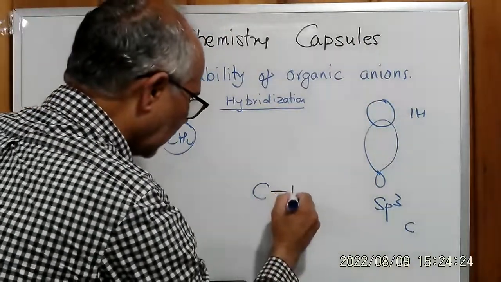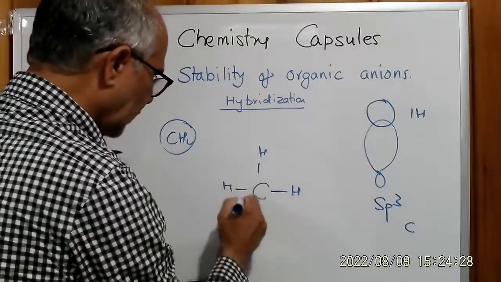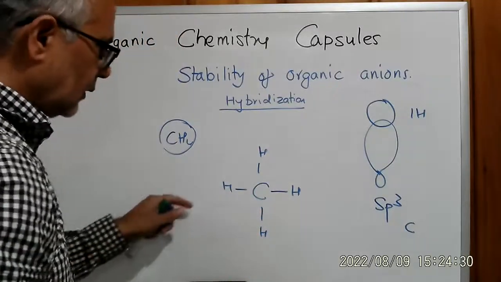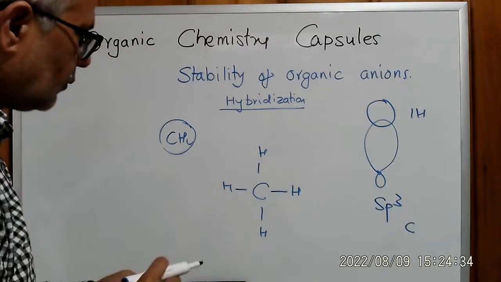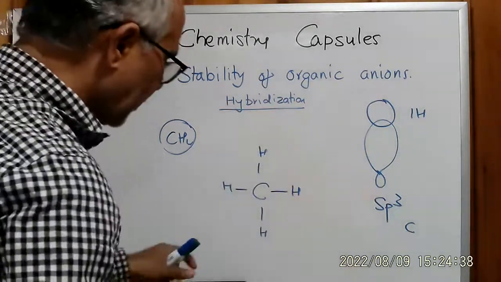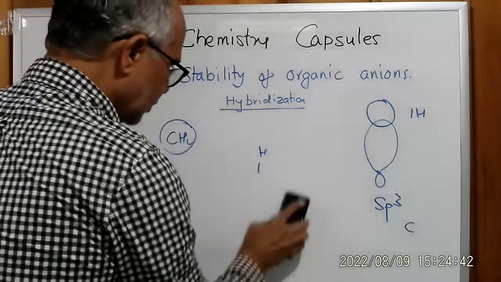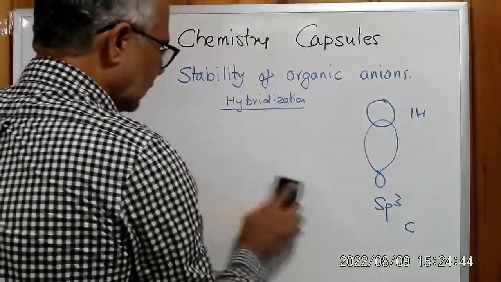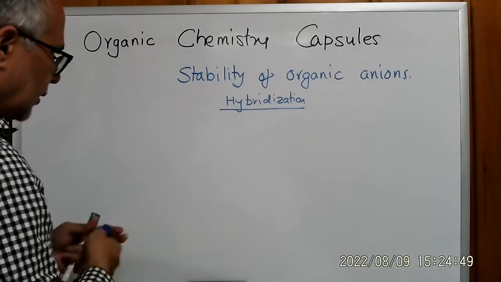So now you have the carbon-hydrogen bond and 4 such bonds, and all of them will have the same bond length, same bond strength. Okay. So this is the sp3 hybrid orbitals. We'll do one more example and then stop this video. Now let's look at the next alkane.